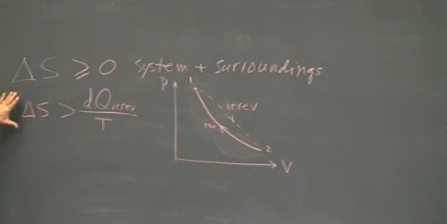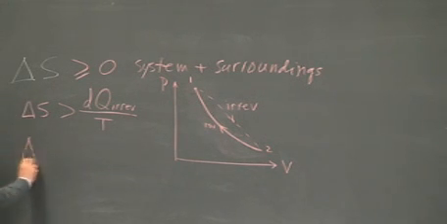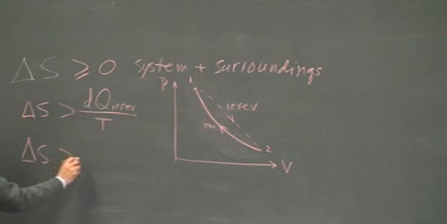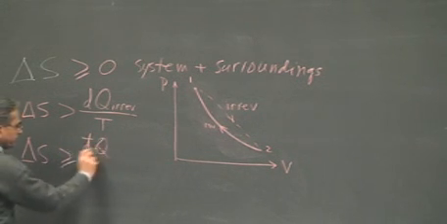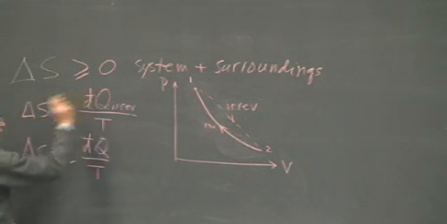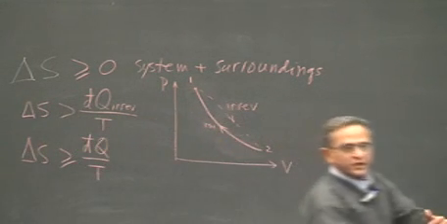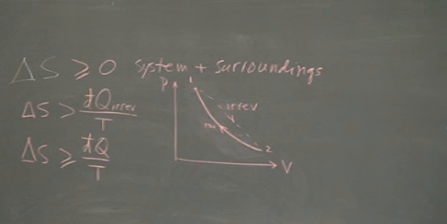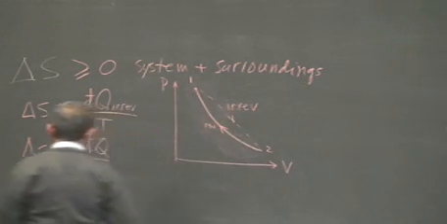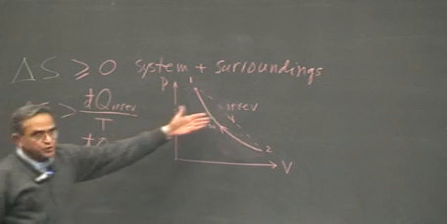I'm trying to show this to be basically the statement that delta S is greater than or equal to the amount of heat exchanged divided by temperature. Okay?